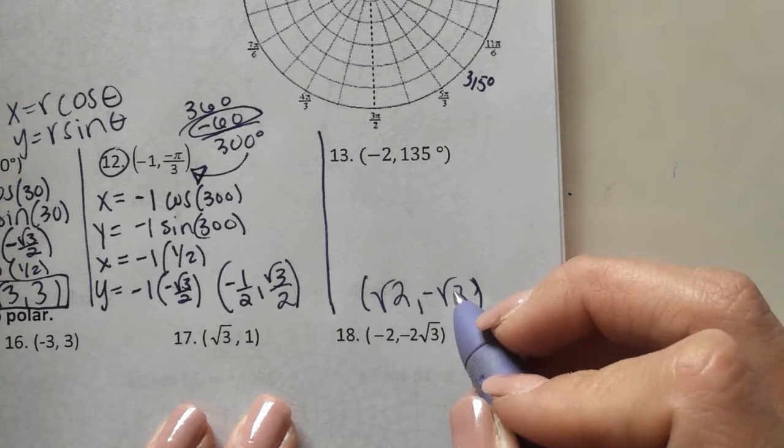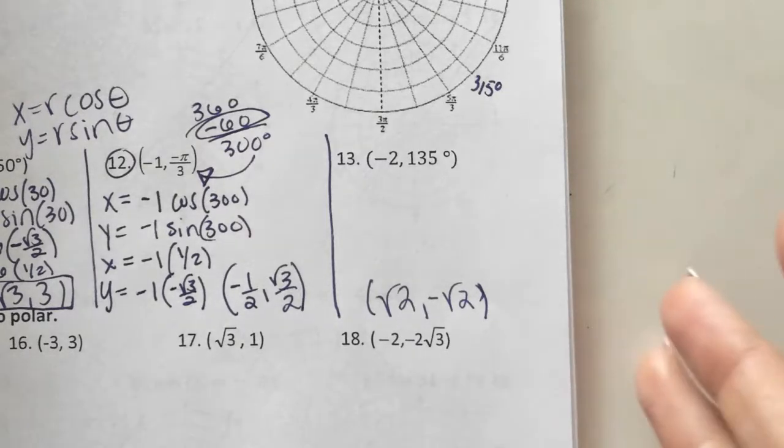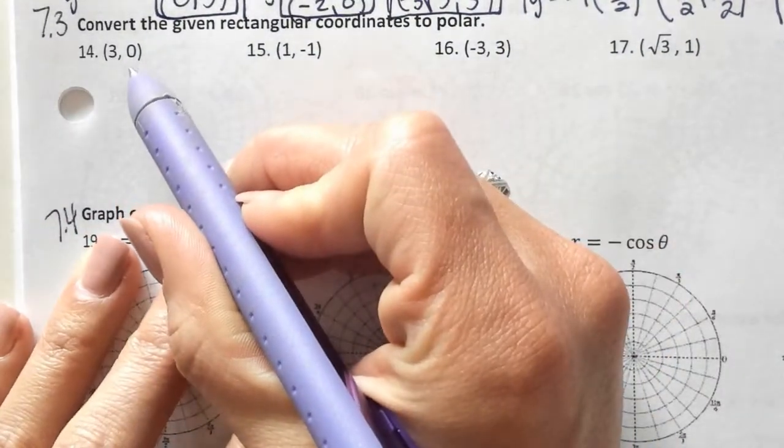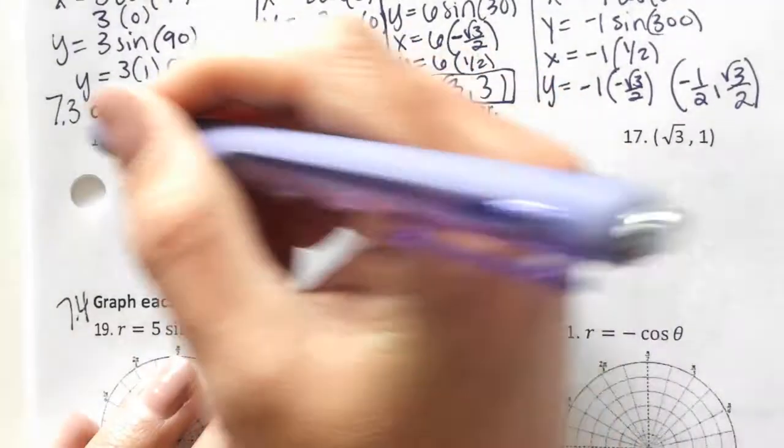Everybody's good? All right. Now, the last one is going from rectangular to polar, so backwards. This one's a little trickier, so stay with me. The ones with zeros in them are the easiest for your quiz and your checkpoint, and I'll explain why.